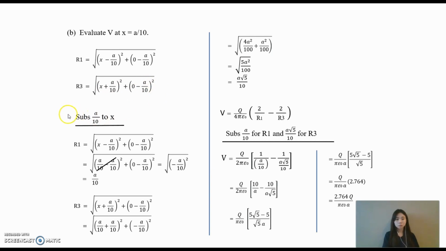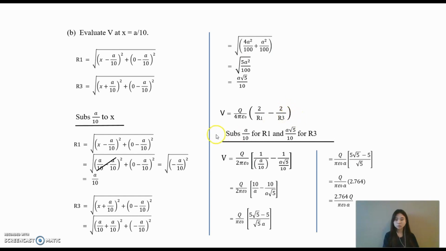So next, we need to substitute a over 10 into x. So for R1, the answer we get is a over 10, and for R3, the answer we get is a square root 5 over 10. We also get V equal to Q over 4 pi epsilon times 2 over R1 minus 2 over R3.